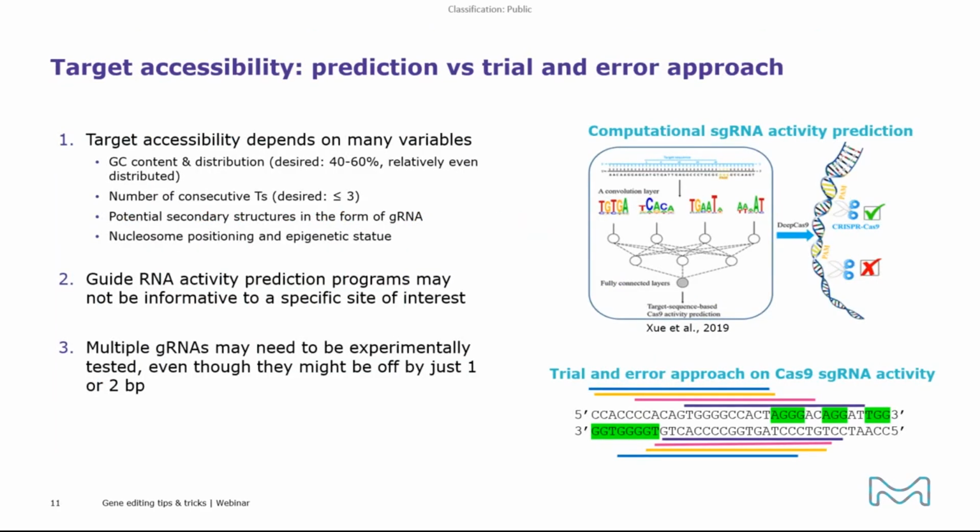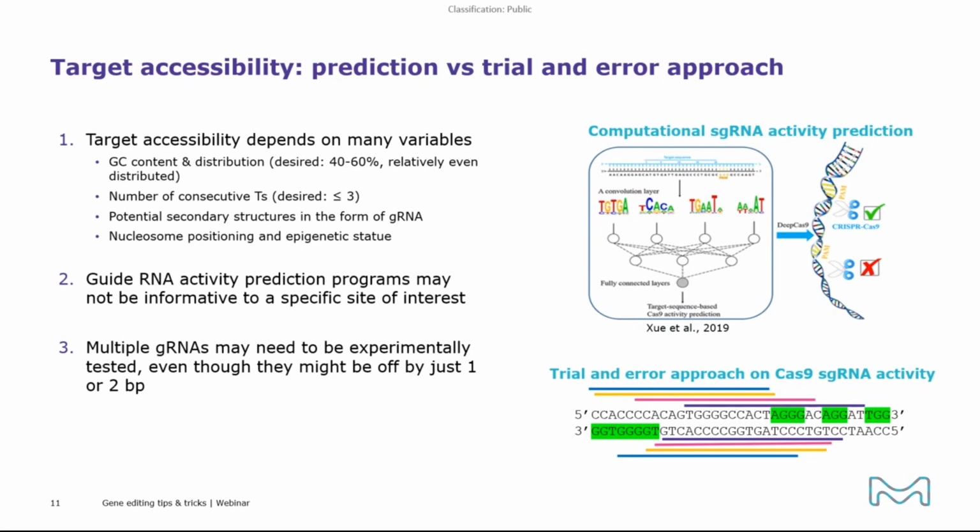Target accessibility is a major determinant of editing efficiency. However, target accessibility is a complex issue and not well understood.